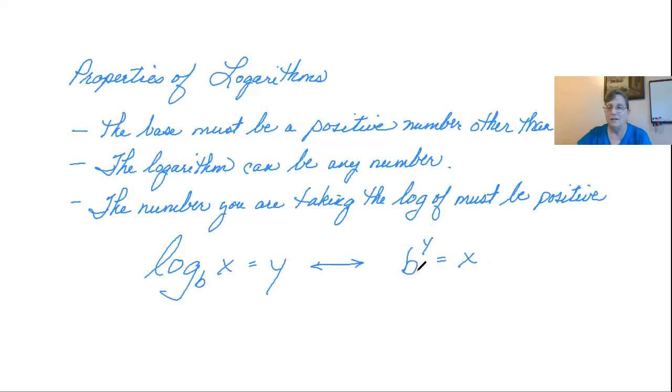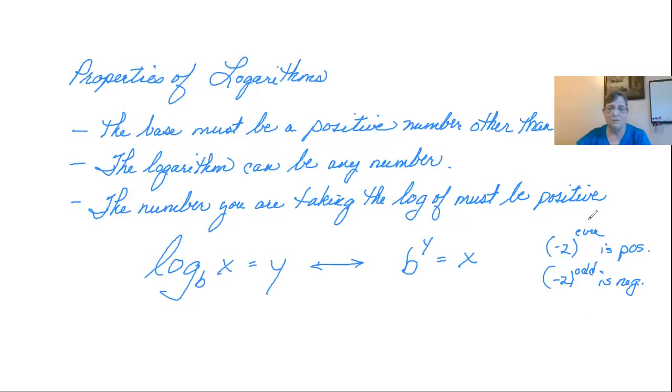And if b is a negative number, then say -2 raised to an even is positive, -2 raised to an odd is negative, and that's easy to figure out if your exponents are integers.